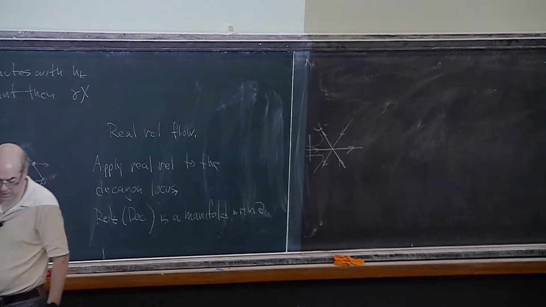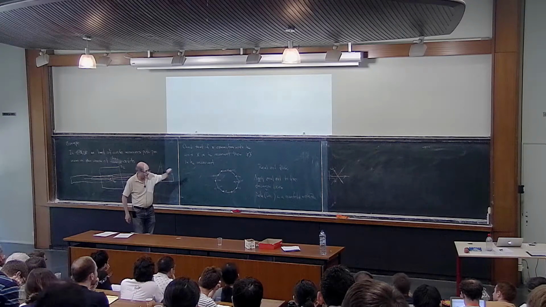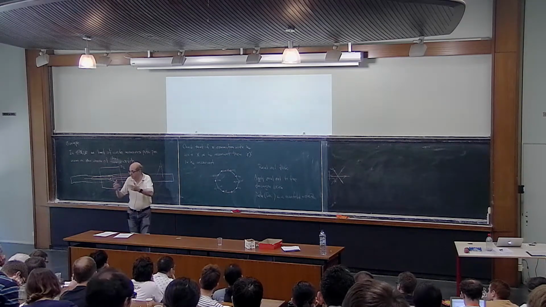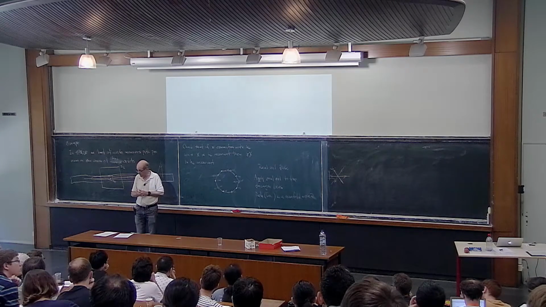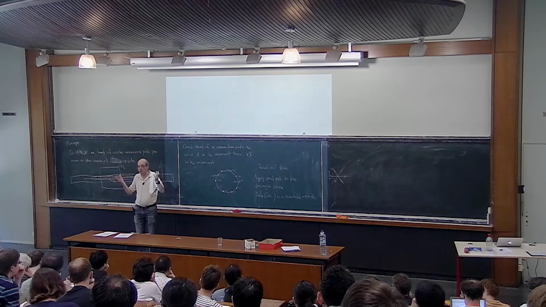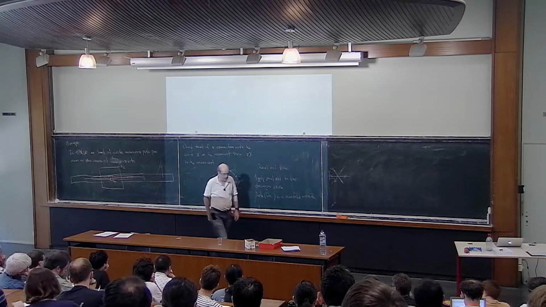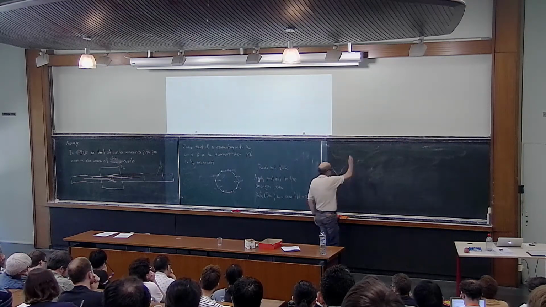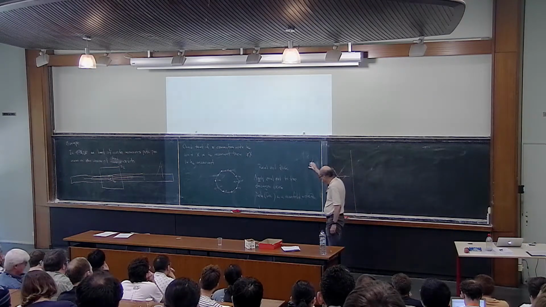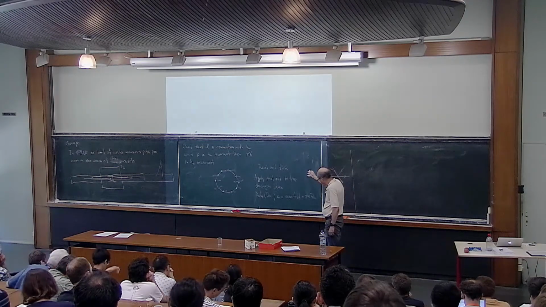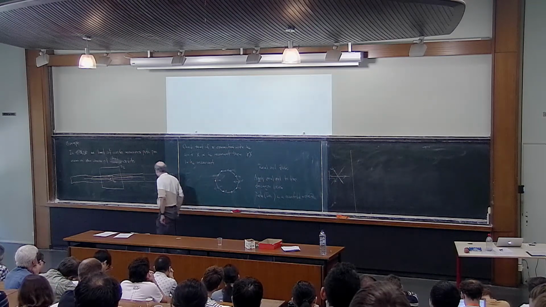So applying the real-rel flow to the examples that Barak has already mentioned gives us additional examples of Horocycle invariant measures. It gives us all the Horocycle invariant measures in eigenform loci.